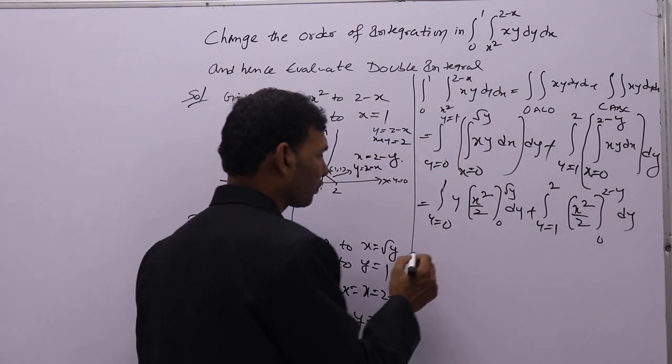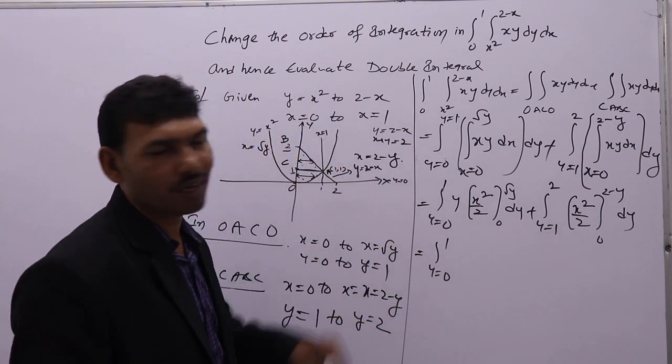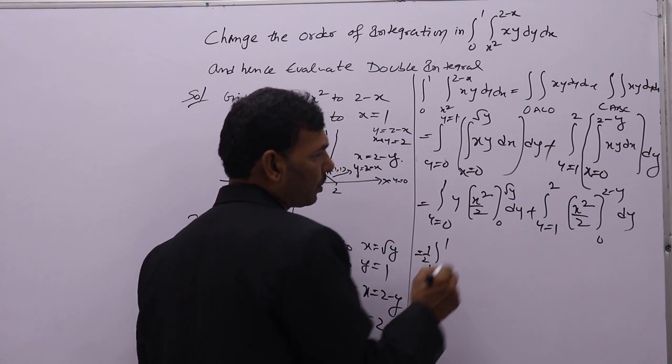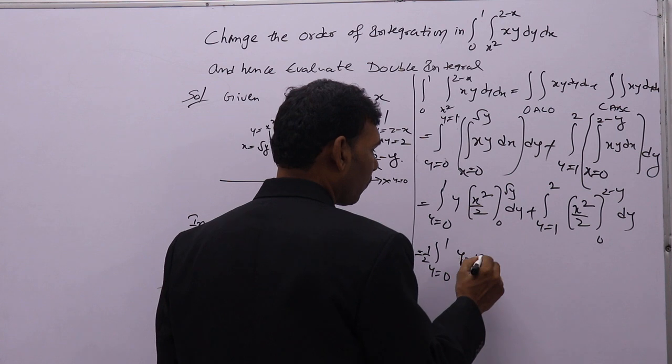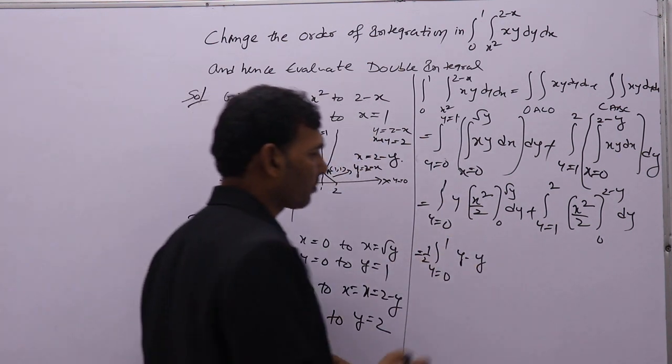Now integral y equal to 0 to 1, in the place of x put root y, with the 1 by 2. So in the place of x put root y, what you will get? Root y whole square, y dy.